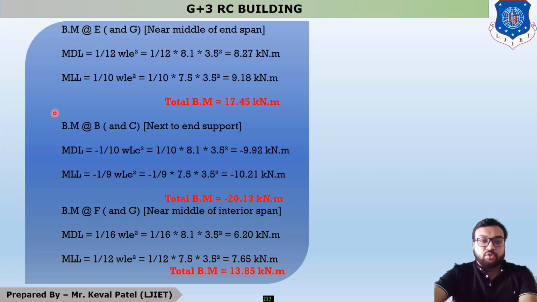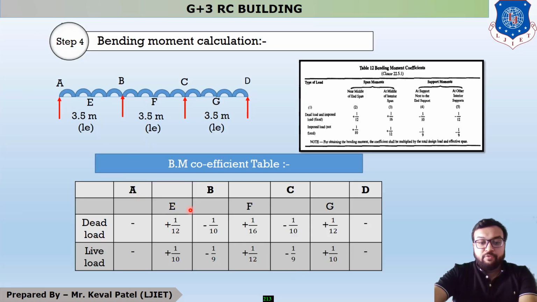Now the bending moment for B, and it is similar for C. So what is the coefficient? The coefficient is minus 1 by 10. So the equation is WL square by 10, but it is minus.